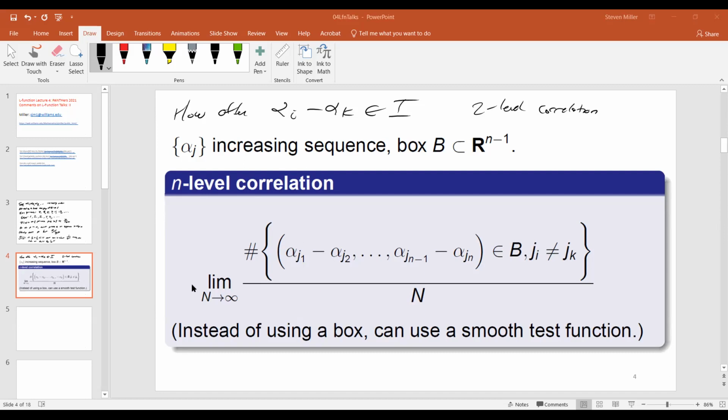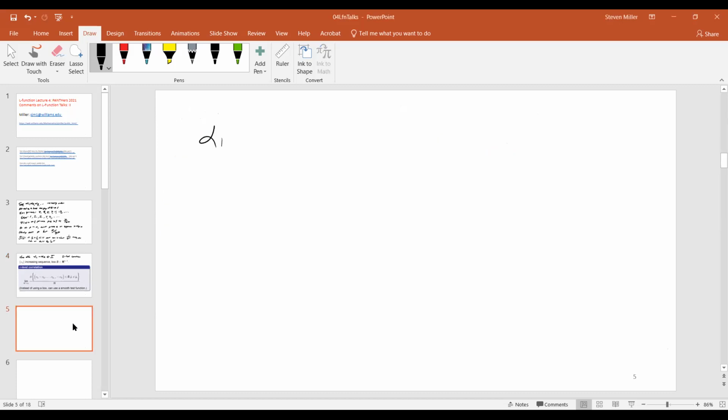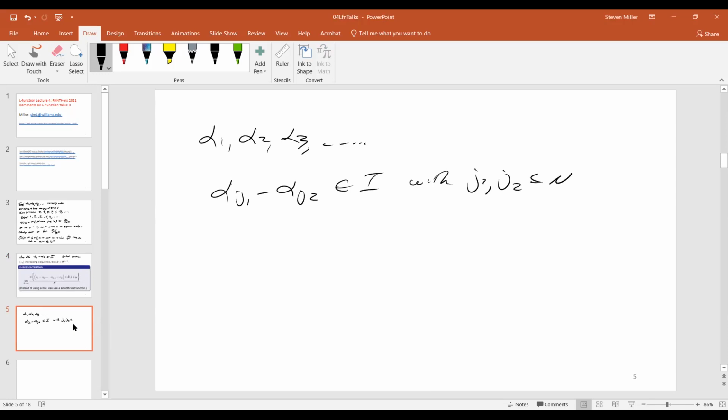So if I look at my normalized sequence, alpha 1, alpha 2, alpha 3, and so on, I want to know how often alpha j1 minus alpha j2 is in some interval I, with j1, j2 less than or equal to n. And I want to count. It doesn't say anything about these being adjacent.